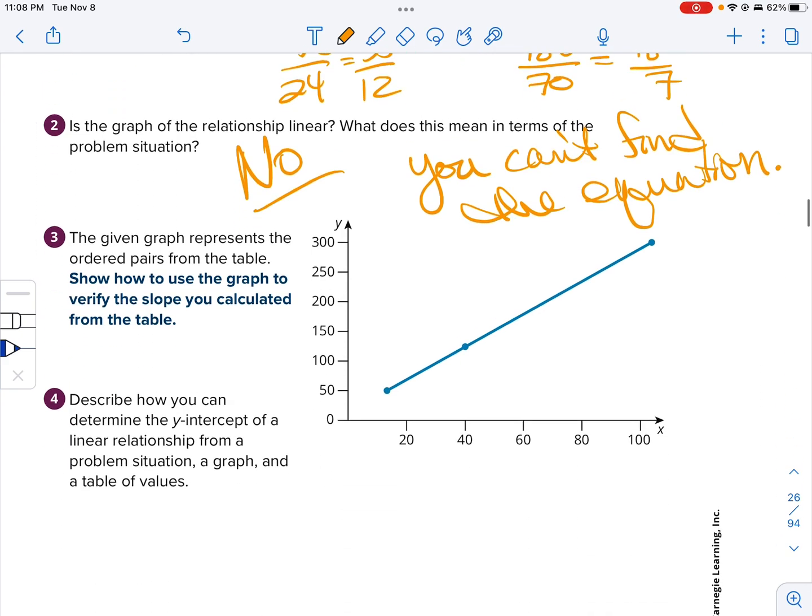Okay. Given the graph represents the ordered pairs from the table, show how to use the graph to verify the slope you calculated.